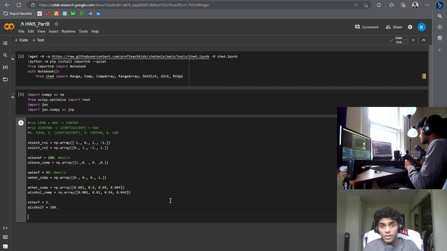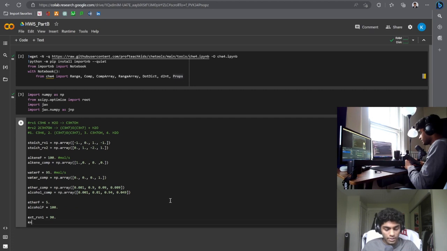And we also want to do the extents of reaction for both reaction 1 and reaction 2. How many moles are we going to create? How many moles are we working with? So let's say the extent of reaction 1 is 90 moles. And then the extent of reaction 2, let's just go 10 moles.